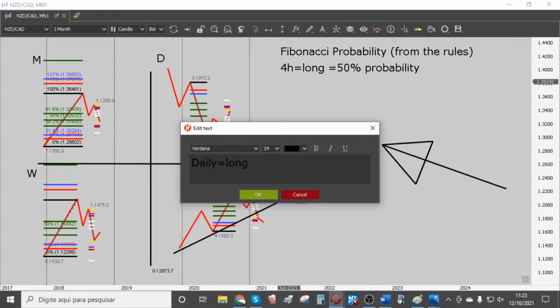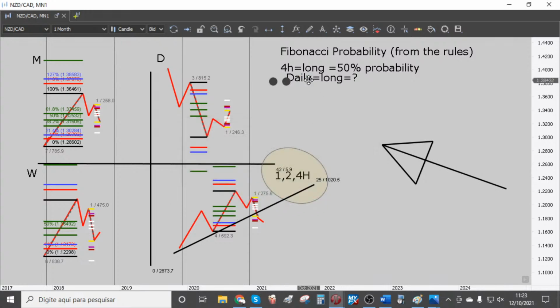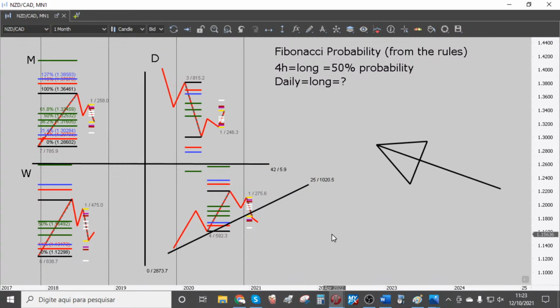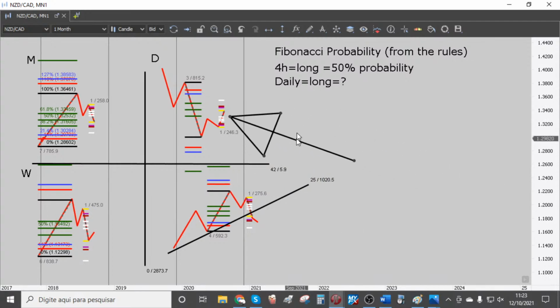So if I'm expecting the 4-hour chart to be a winner, if I'm expecting the market to move up from the 4-hour standpoint, everybody, then automatically the daily is going to go up too. Make sense? Passion, it doesn't. Okay. Everybody, the higher time frame controls the smaller time frame.